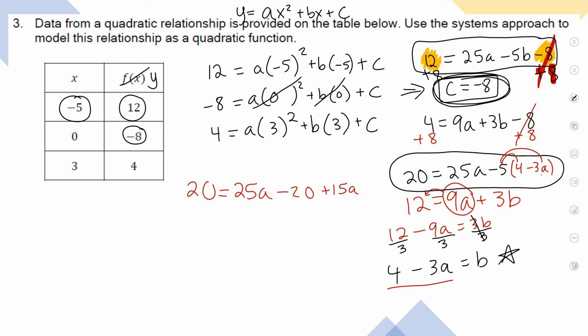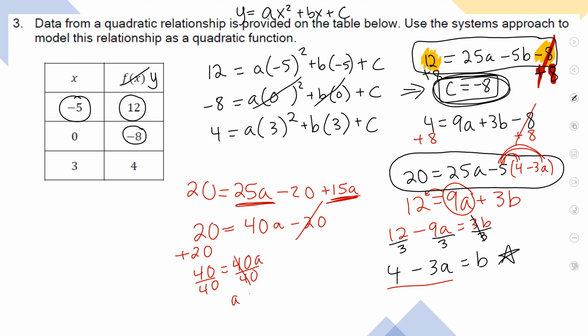I distributed this. Now we're going to combine like terms. 25 plus 15 is 40. I combine these two. Everything else comes down. And then I can add 20 to both sides. So cross that out, add it over here. So I get 40 equals 40A. What is A? Divide both sides by 40, A is 1.